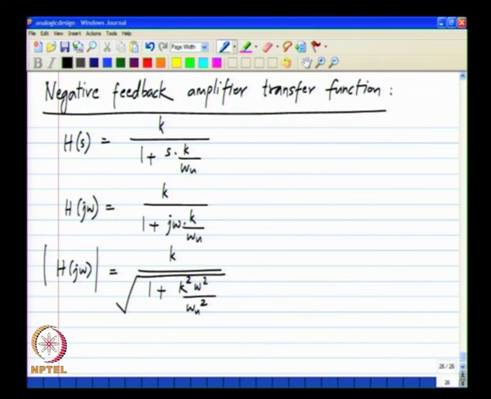I have simply taken the magnitude of the complex denominator, and the angle of H is given by minus tan inverse.